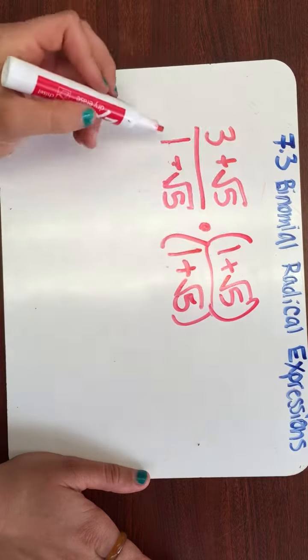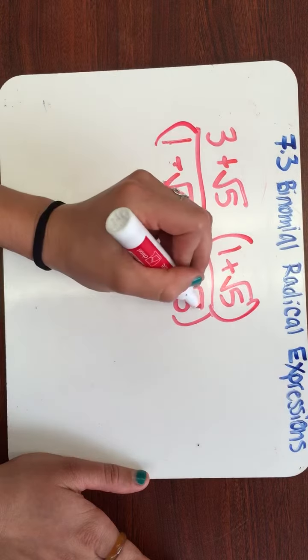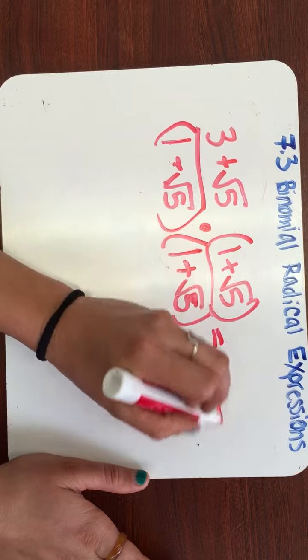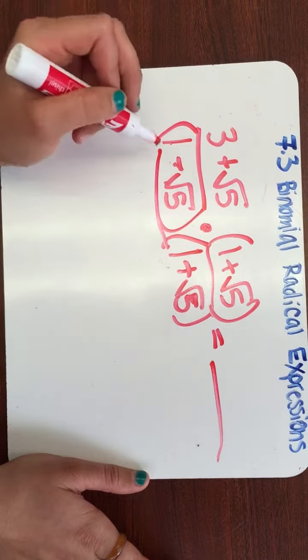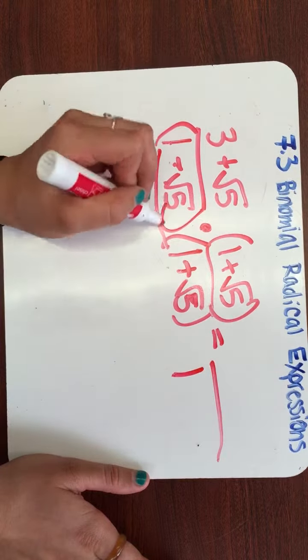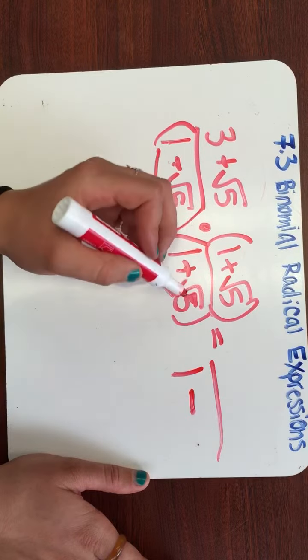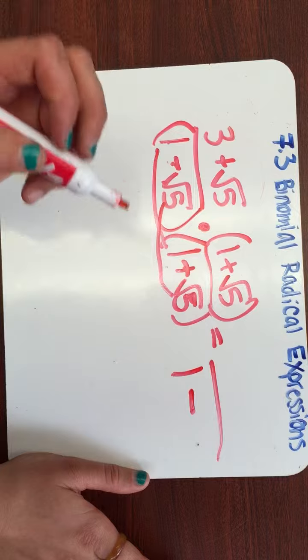So we know that the denominators are conjugates. Since these are conjugates, I only have to multiply the first, 1 times 1 is 1, and the last terms, a negative times a positive is a negative, the square root of 5 times the square root of 5 is 5.